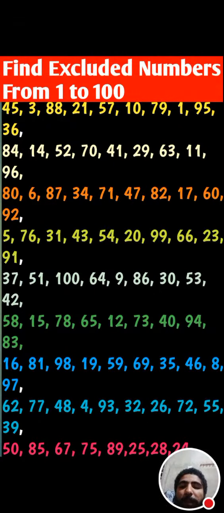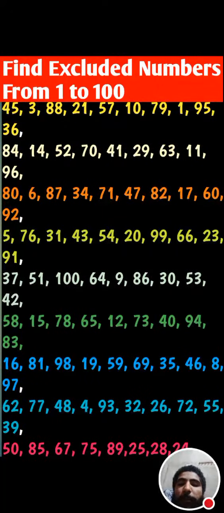Where is 39? 39 is presented on the second last row. We have to find number 40. 40 is also presented on the 11th row. The second last number written in green color is 40.